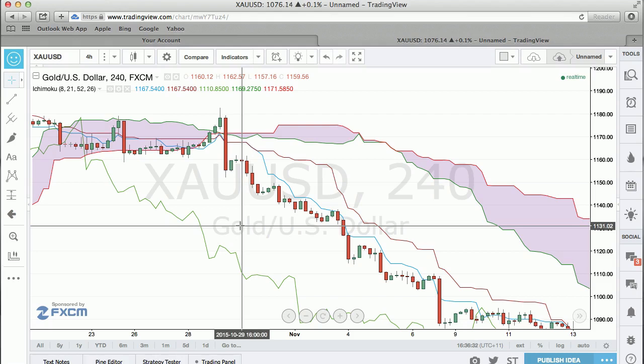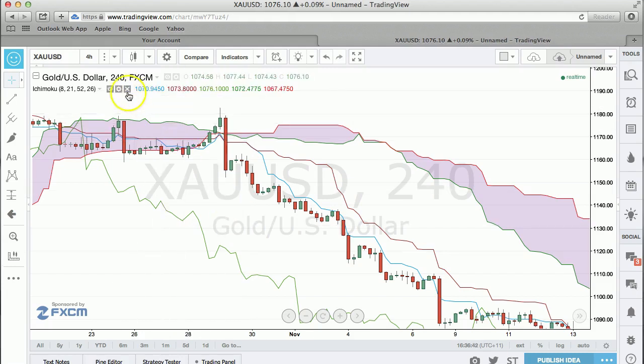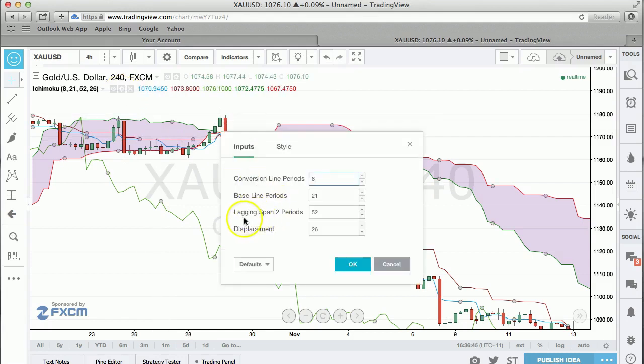As price converges with the lagging line, you may see a change in trend. This is calculated using the previous 26 periods, which is standard. The lagging span 2 period is 52, and the displacement is 26.